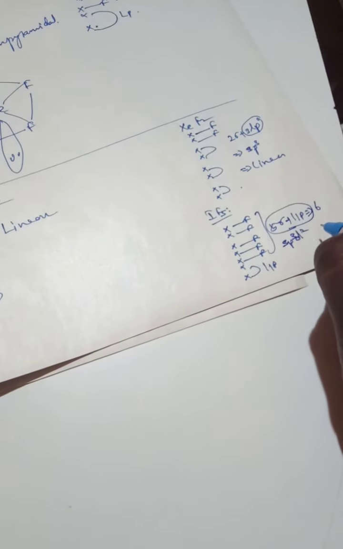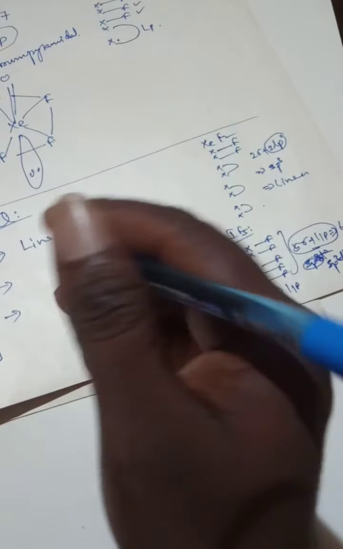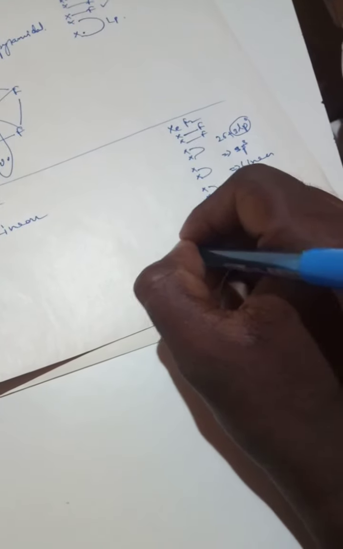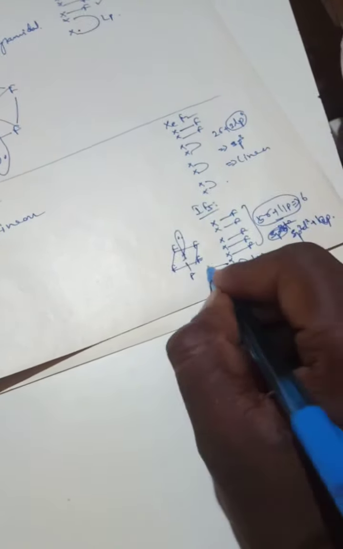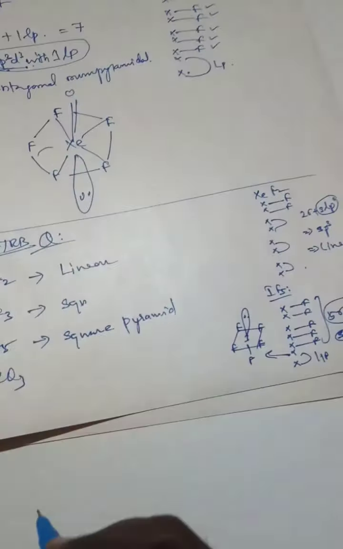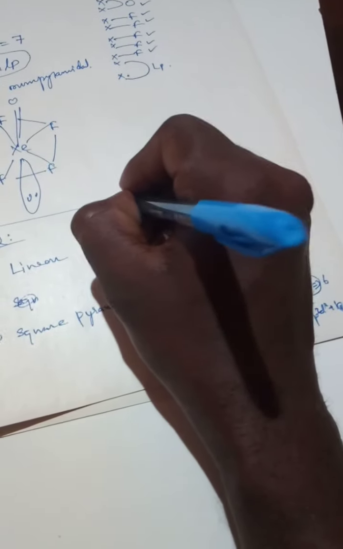So the hybridization is sp3d2 with 1 lone pair, and the structure becomes square pyramid.